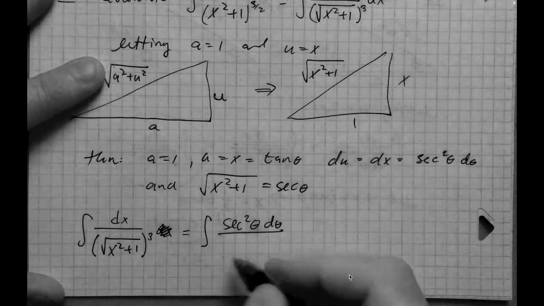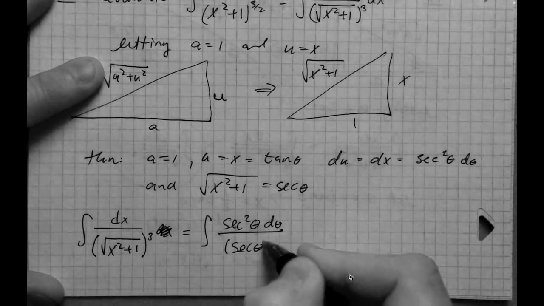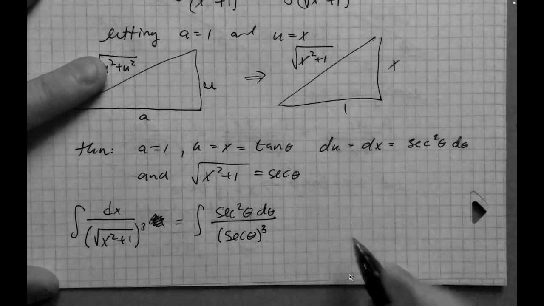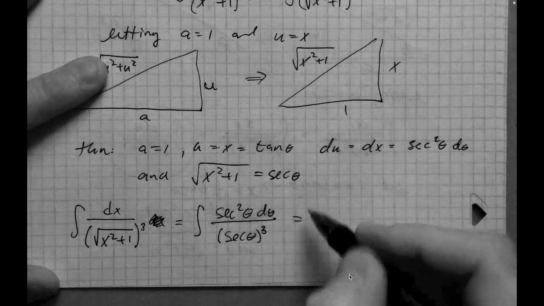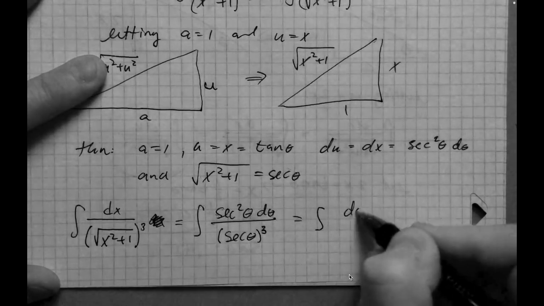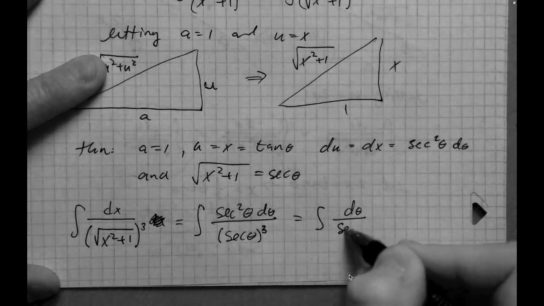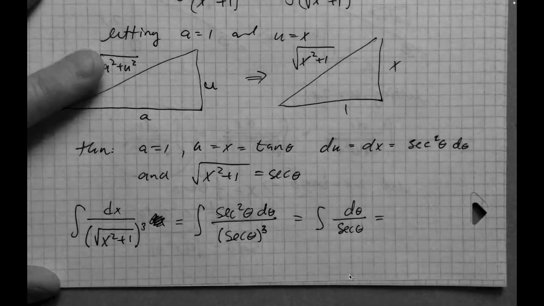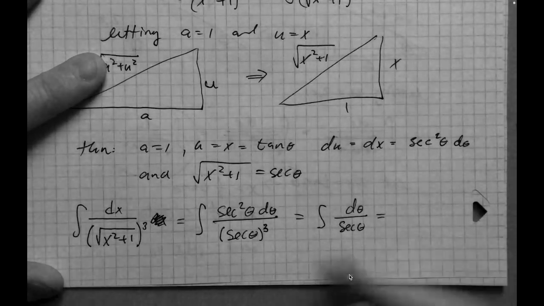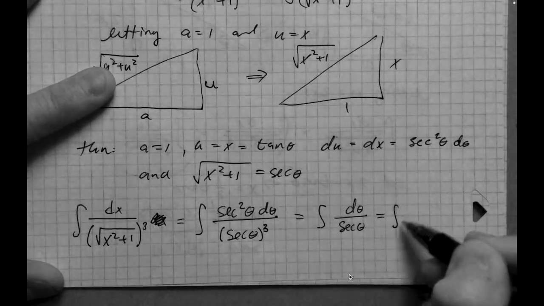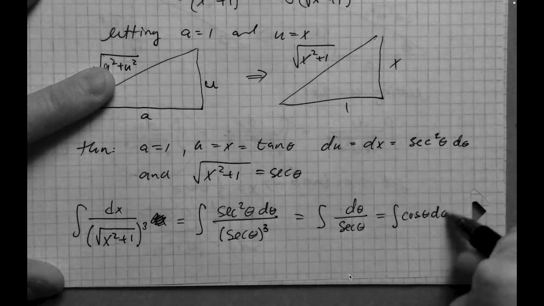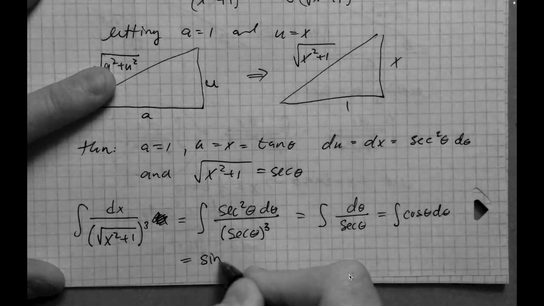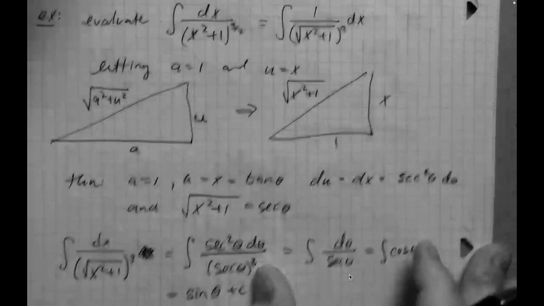Well, that's secant theta, and the whole thing is cubed in the bottom. And so, again, you get a nice cancellation, and you get d theta over secant of theta. And so, of course, that's just the integral of cosine of theta d theta, which is what? Sine of theta plus c.